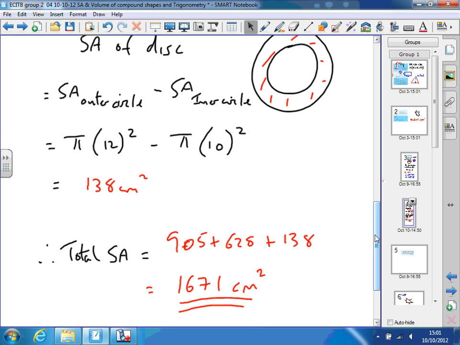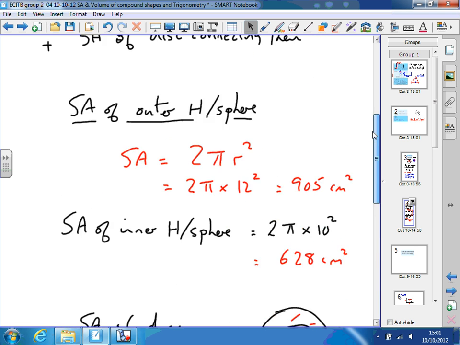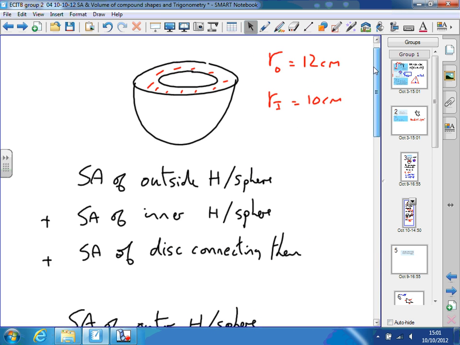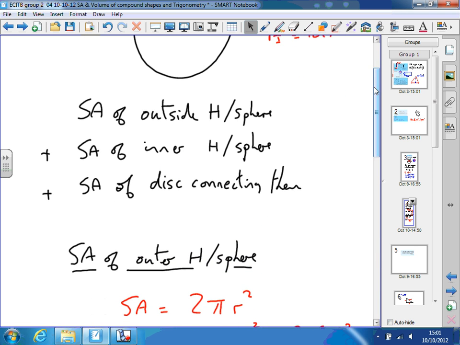Okay. So again, more important at this point is not the answer, but the method. So if we look again at what we've done here, we've drawn it. With Matthew's help, we came up with a plan of action. So he did his bit there.